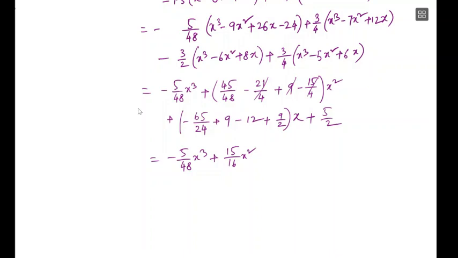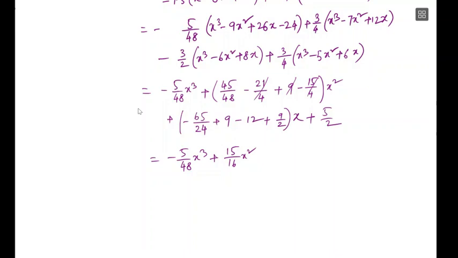It is what? Minus 3 plus 9 by 2. So minus 3 plus 4 and half. So it is 1 and half.